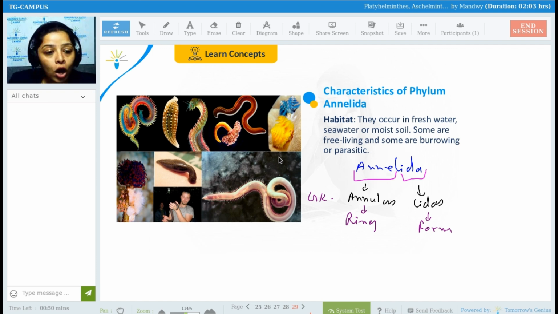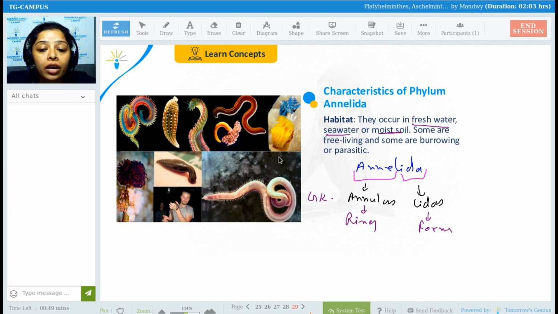All the organisms belonging to this phylum can inhabit either freshwater, marine water, or moist soil. So basically, to complete their life cycle, they need moisture. Either they are terrestrial or aquatic, but they need water.